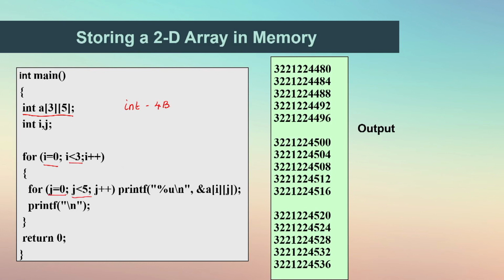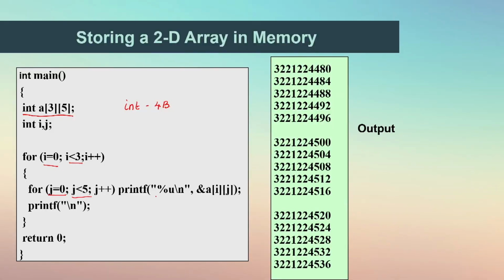And now we are trying to print the address values. We are not trying to print the values stored in the array. Instead, we are trying to print the address values of the array. So, we will be using the control string %u, %u, ampersand a of i comma j.